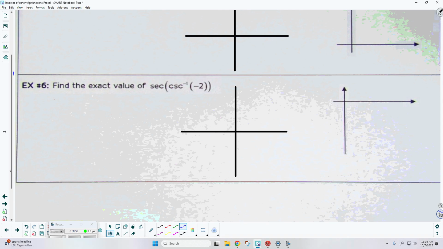Remember, the inverse is so that is how you would start the problem. 1 minute.